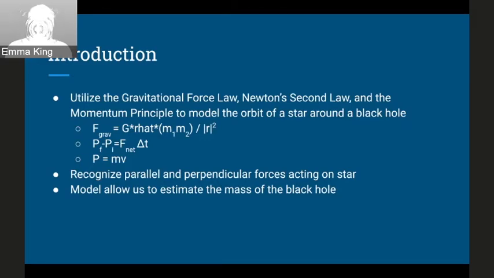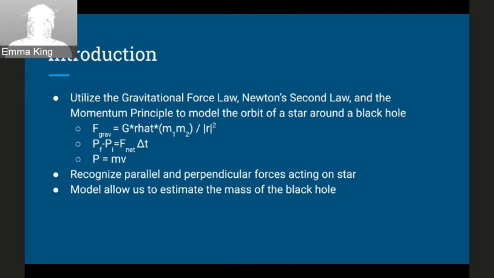So we have the gravitational force law: F grav equals G times R hat times the mass of the star times the mass of the black hole, which is m1 and m2, over the distance between them squared. And then we have dp equals F net dt, which is just final momentum minus initial momentum equals F net delta t.